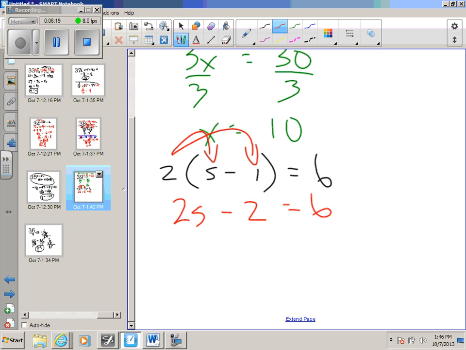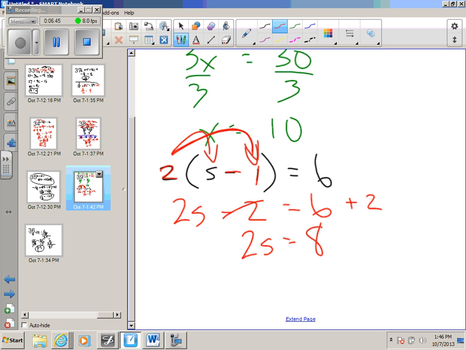Opposite of subtracting 2. 2S equals 8. Yes, sir? Because I'm multiplying this positive 2, and I'm multiplying it to the negative 1. Yeah, if it's in front, we'll call it negative.